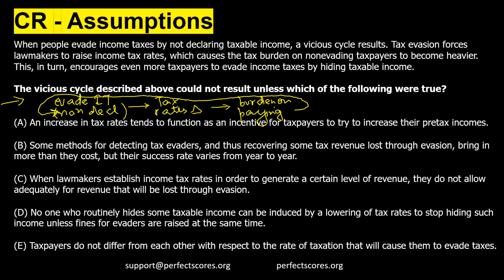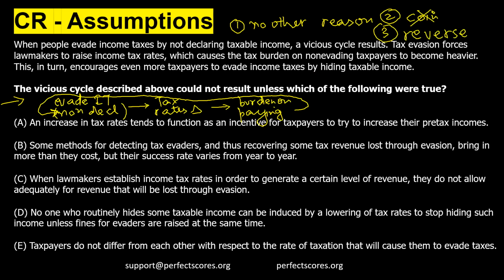So this is a cause and effect relationship where three actions are happening one after the other, according to that argument. So remember the three assumptions. The first is that there is no other reason. The second is that it's not a coincidence. And the third is that the reverse is not true.